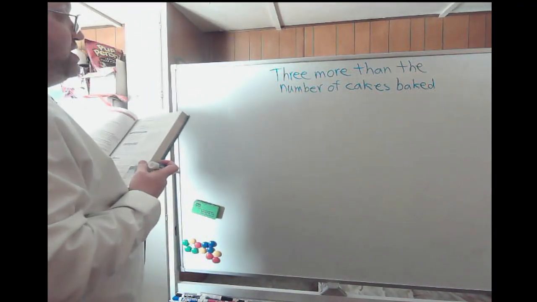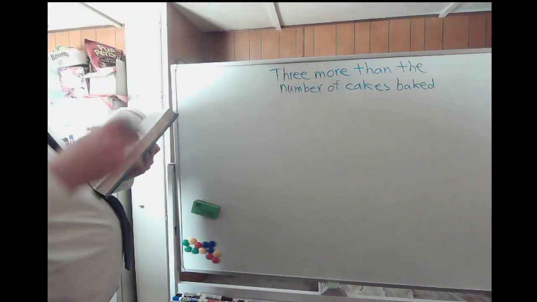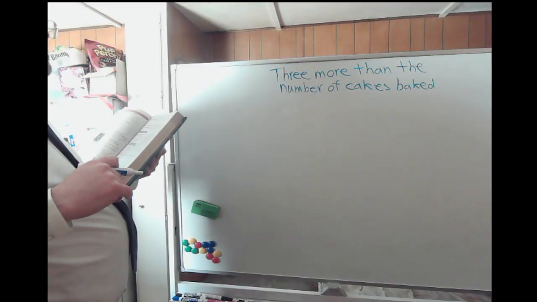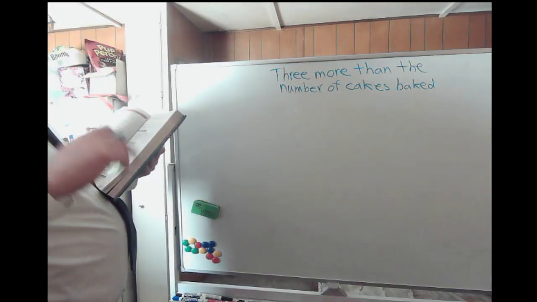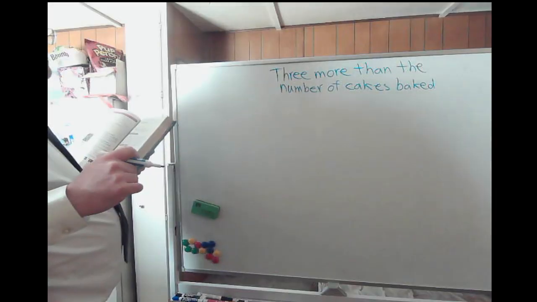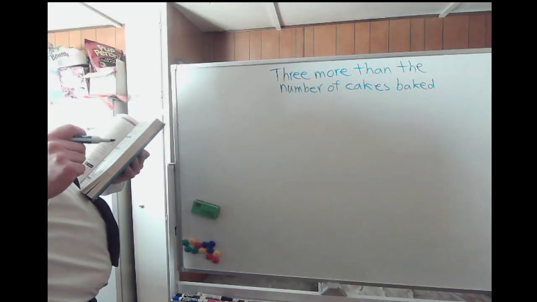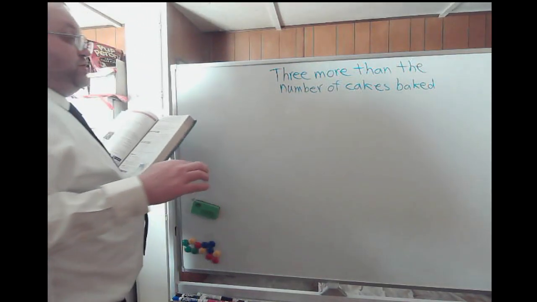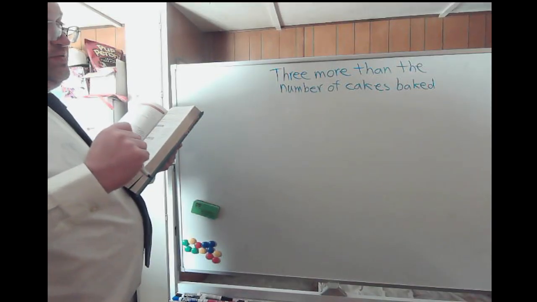So this expression, they tell you you have 3 more than the number of cakes baked, right? Well, we don't know the number of cakes. We really don't know how many cakes are baked. So you're going to have a variable based on the number of cakes baked.